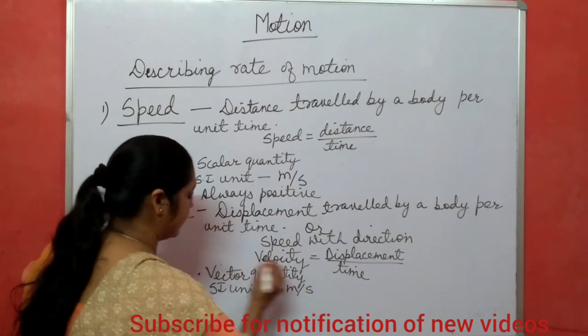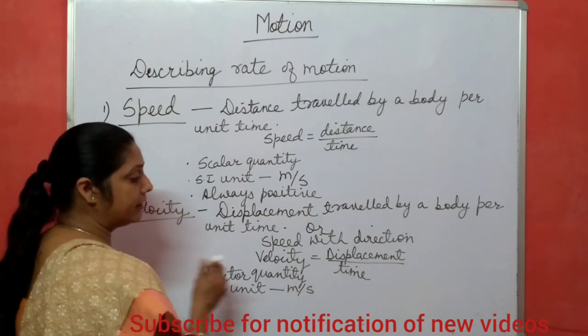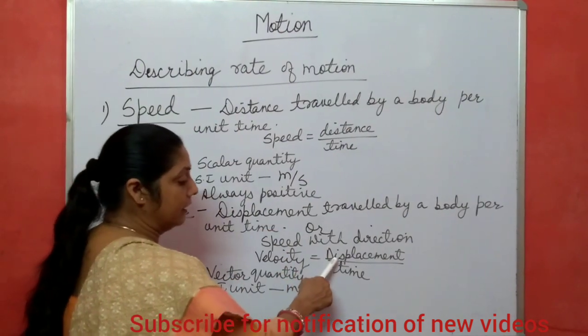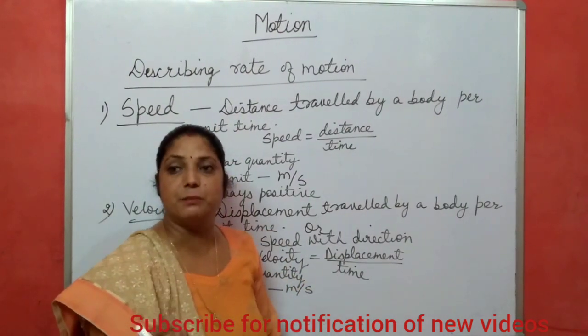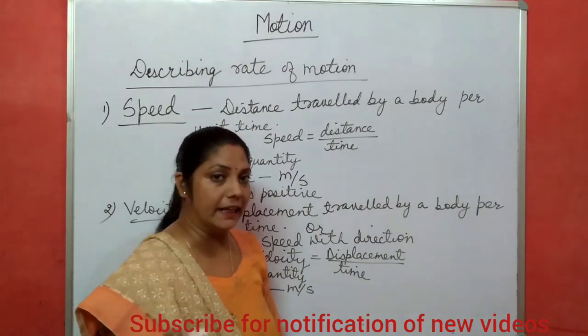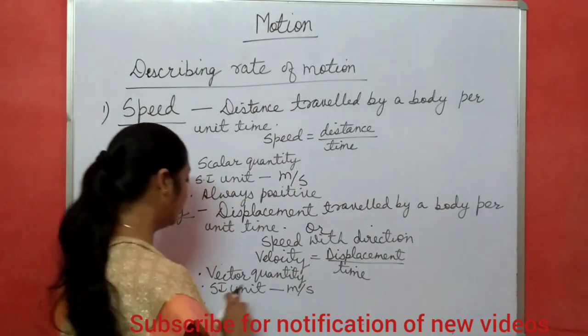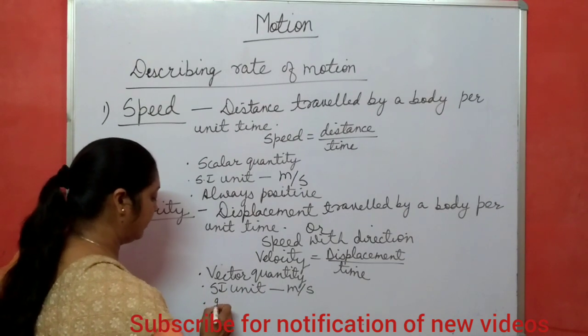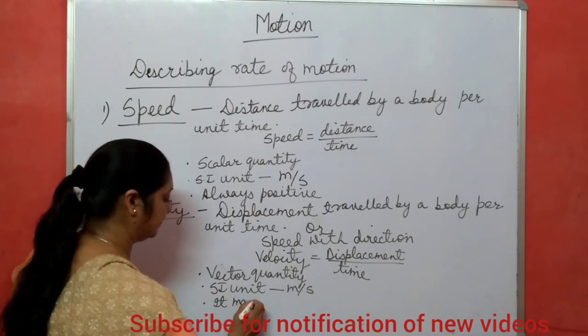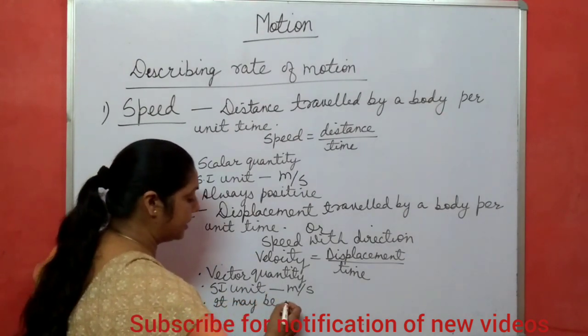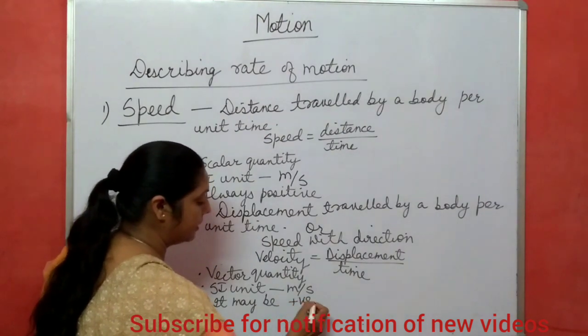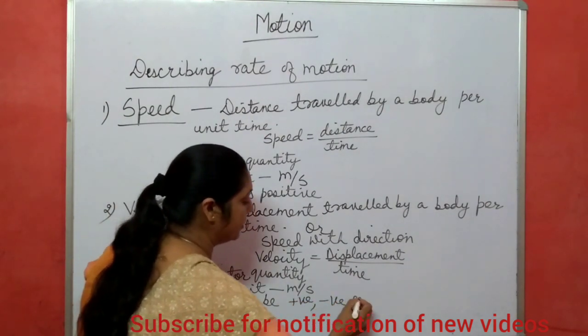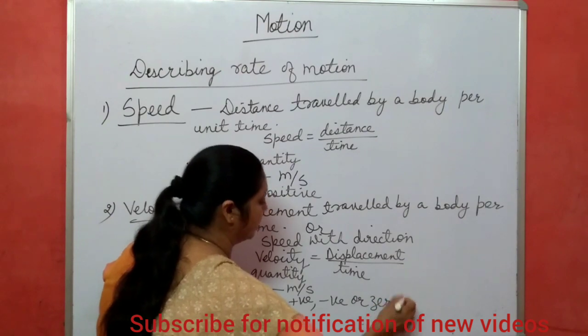So SI unit is meter per second. And the last, important point is, as you know that displacement may be positive, negative or zero, velocity also may be positive, negative or zero.